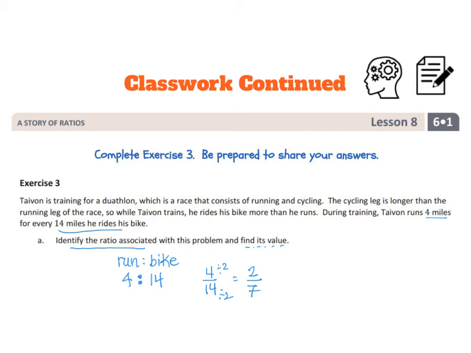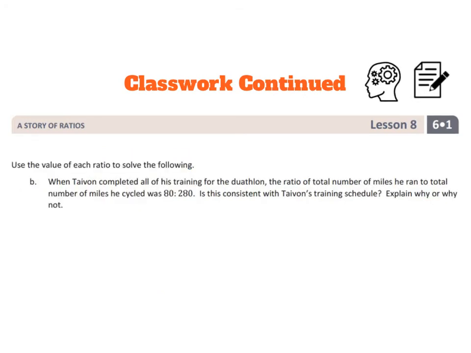Okay, so let me move next. Now this is the B part, and it says use the value of each ratio to solve the problem. So what I'm going to just write up here is what I did have. It was the 4 to 14, which we said the value was then 2/7.